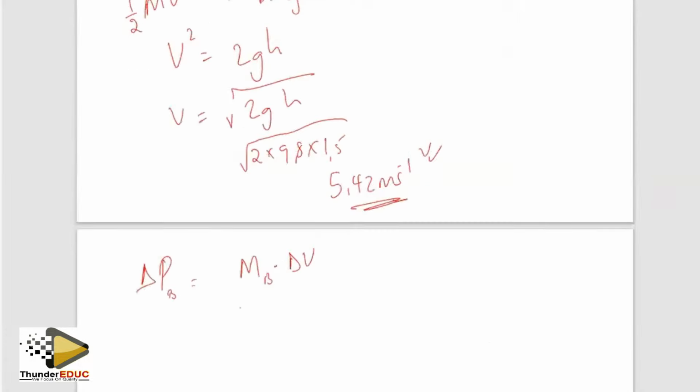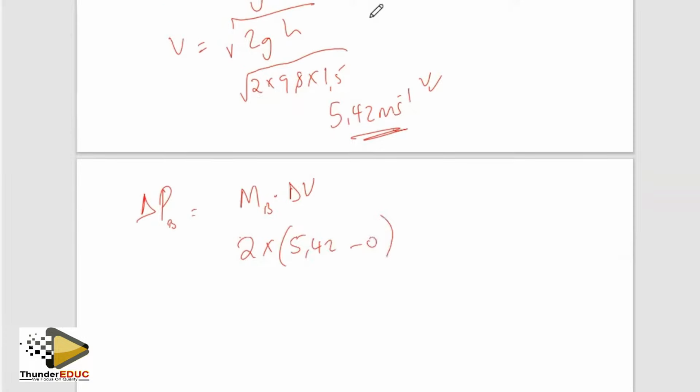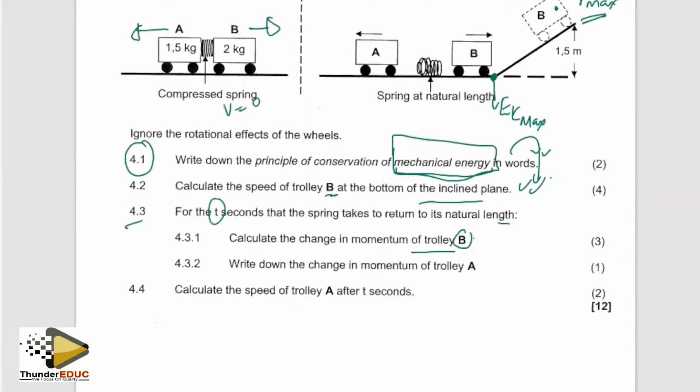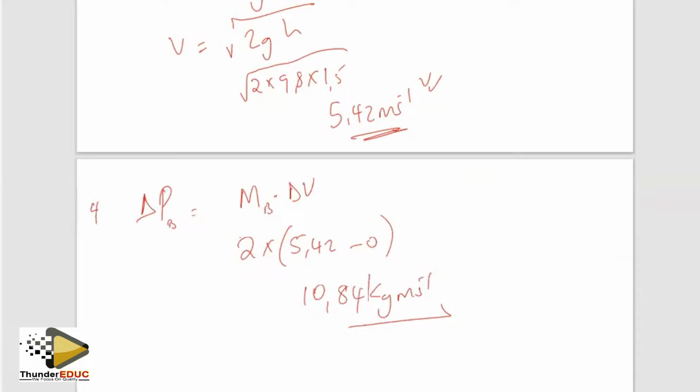Yes, that's correct. So that is 2 multiplied by the 5,42 minus the initial velocity, which was 0. So that's just going to be 2 multiplied by 5,42. That gives me 10,84 kilogram meters per second. So that is 4.3.1.